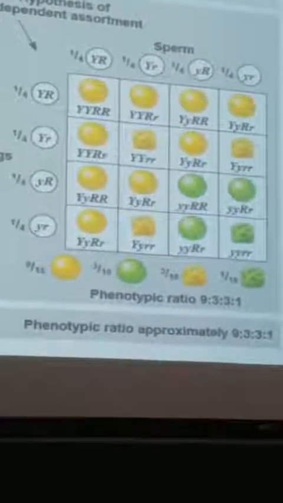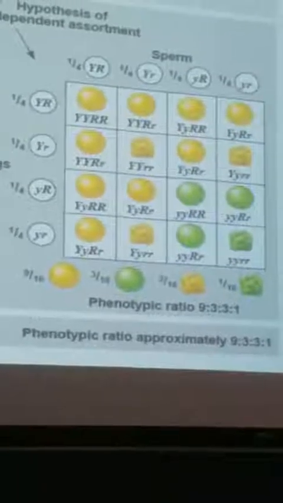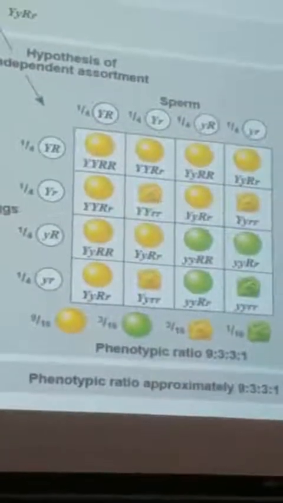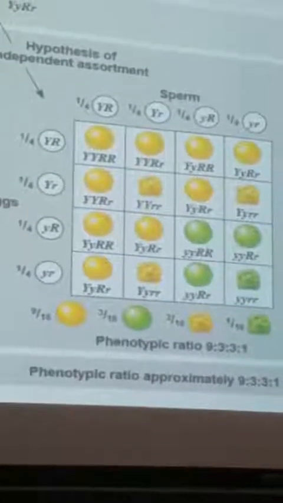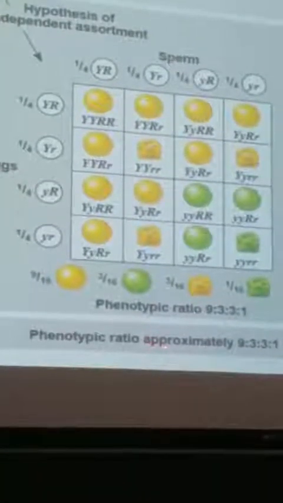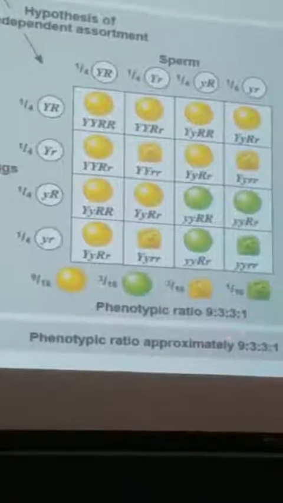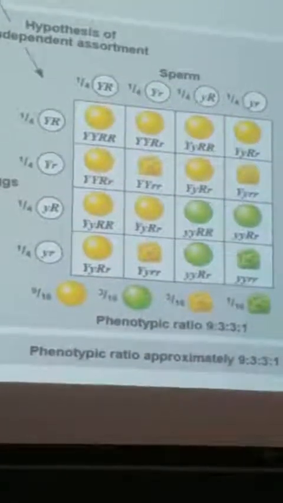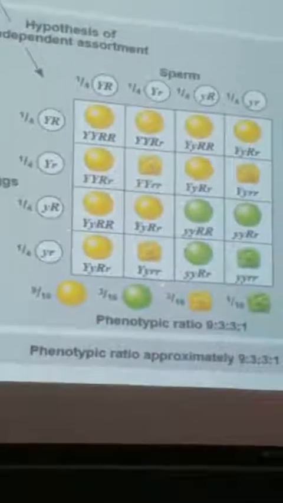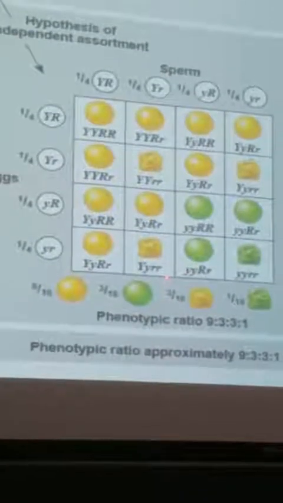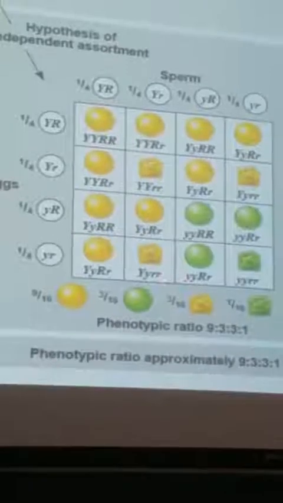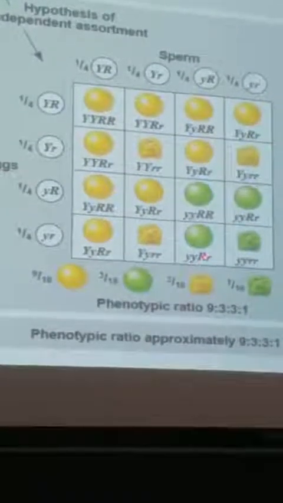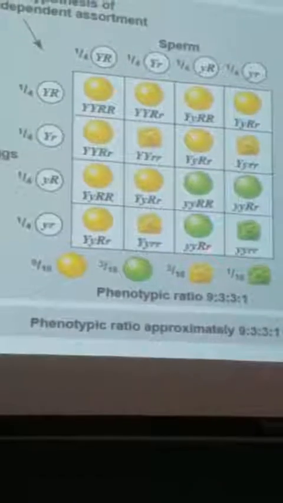If it's heterozygote and it's yellow and round, those are the dominant traits. And then if I say there is a green round seed, you know those have to be homozygous recessive. And that one right there has to be the dominant trait.